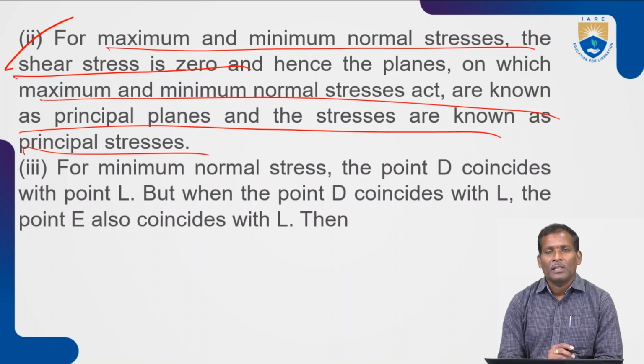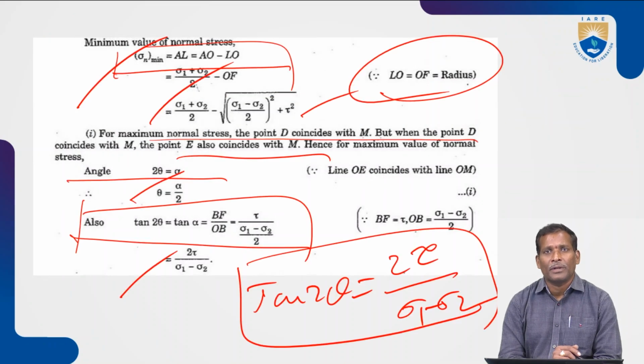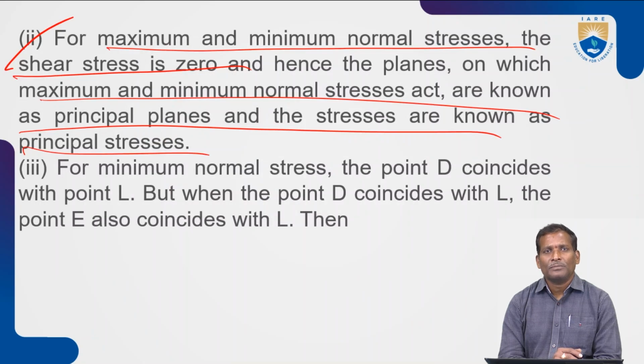Whenever the shear stress is 0 on an inclined plane, those available stresses are called principal stresses, and that plane is called the principal plane. So here the stresses are maximum and minimum stress.